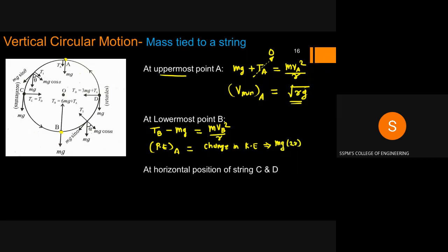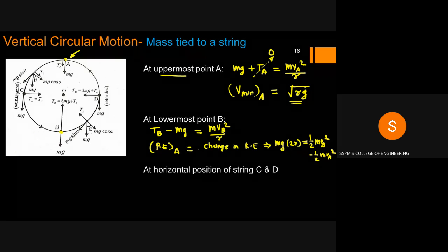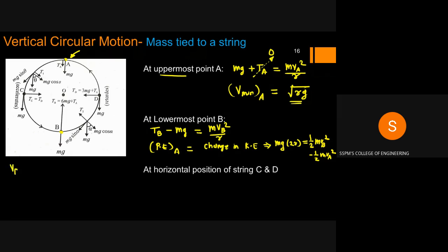This is the total potential energy with respect to point B, which is equal to 1 by 2 m Vb square, the total kinetic energy at point B, minus 1 by 2 m Va square. From this, you will get Vb square minus Va square is equal to 4 Rg. So the difference in the velocity at points B and A: Vb square minus Va square is equal to 4 Rg.